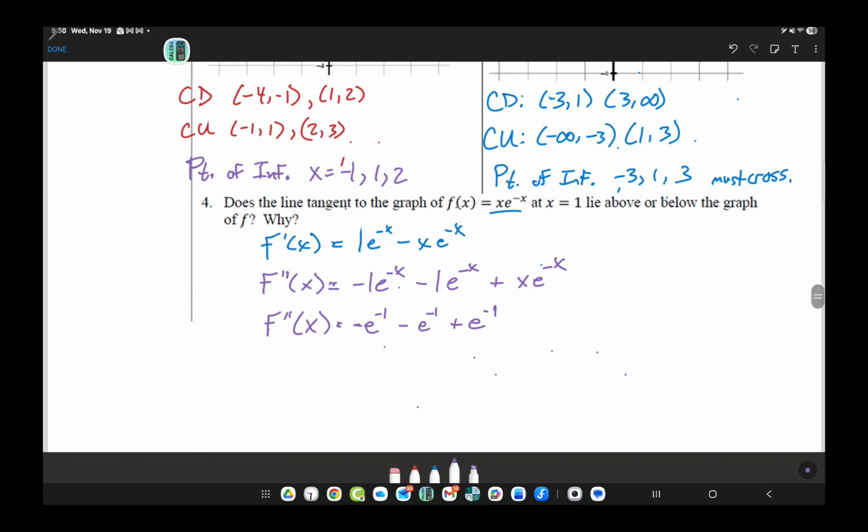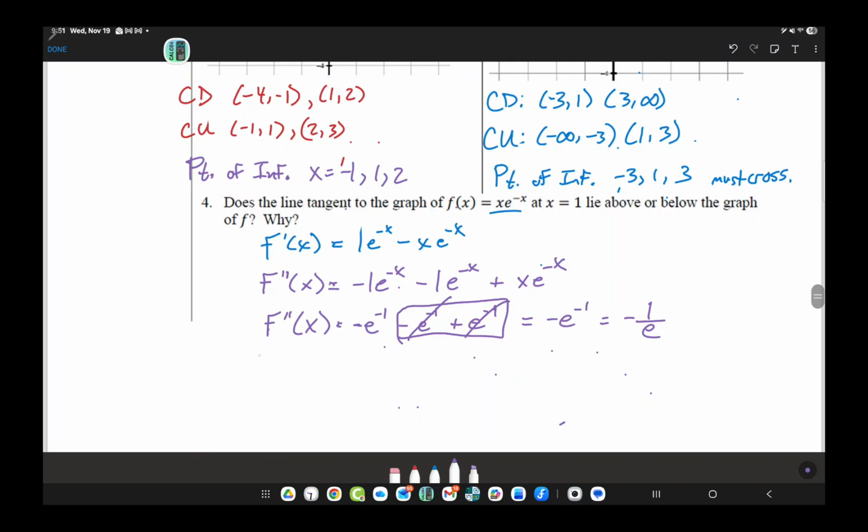So if you plug in 1 here, that's what you get, right? What is that going to equal? Negative e to the -1 or -1 over e? Because these two cancel out. One's positive, one's negative, same thing. Now is that positive or negative?